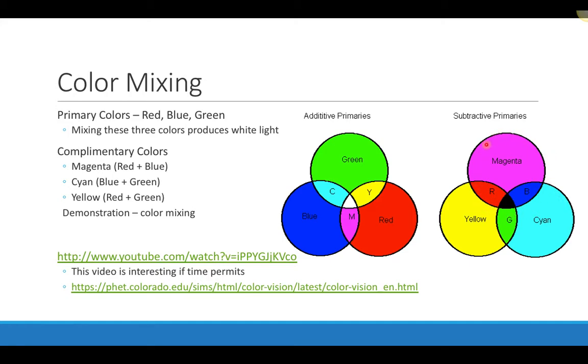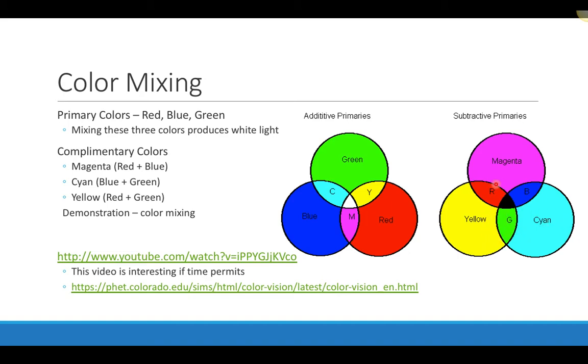So if I had a magenta filter and I had a yellow filter, and I were to shine light through those particular filters, like a magenta piece of glass and a yellow piece of glass, only the red would be transmitted through, because magenta is made of red and blue, yellow is made of red and green, and so the combination of those two would allow the red through.